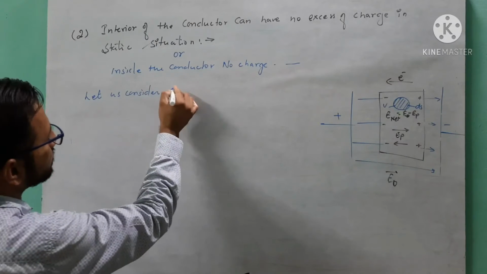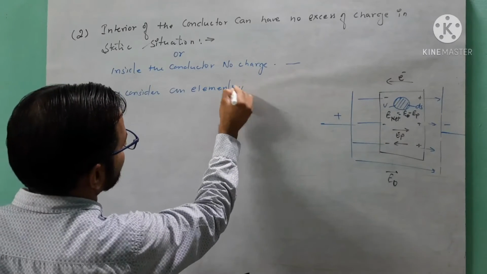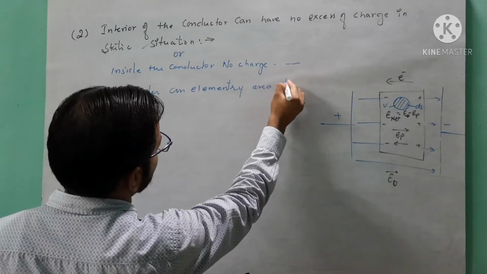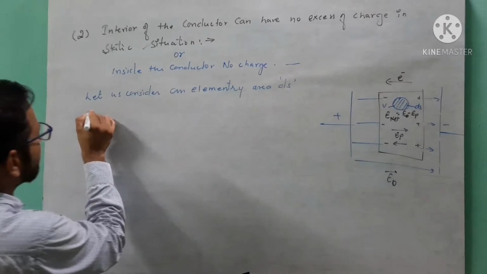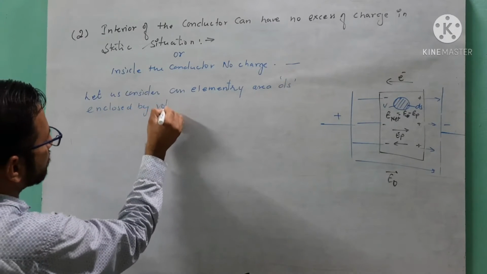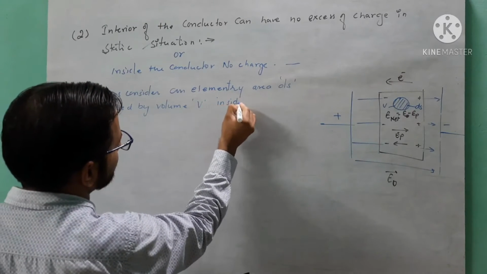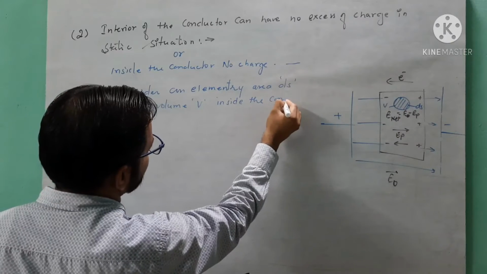So let us consider an elementary area ds enclosed by volume V inside the conductor.